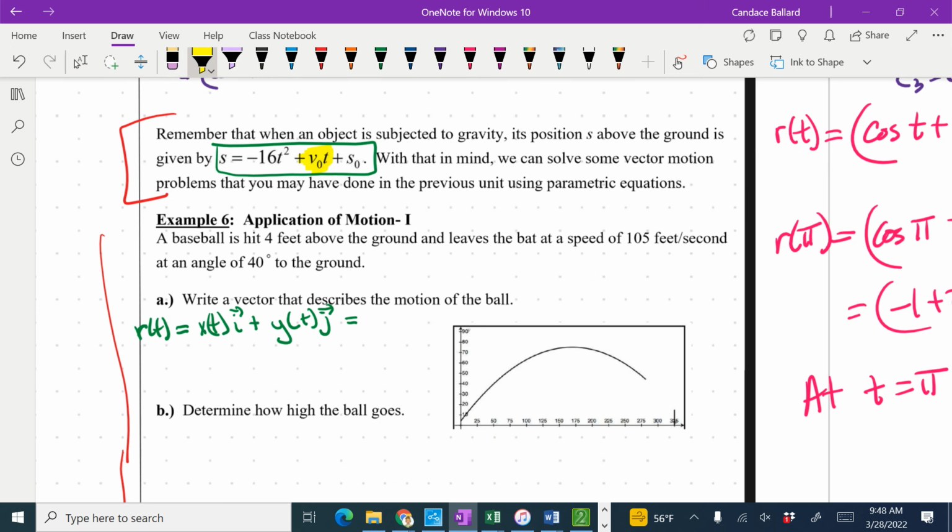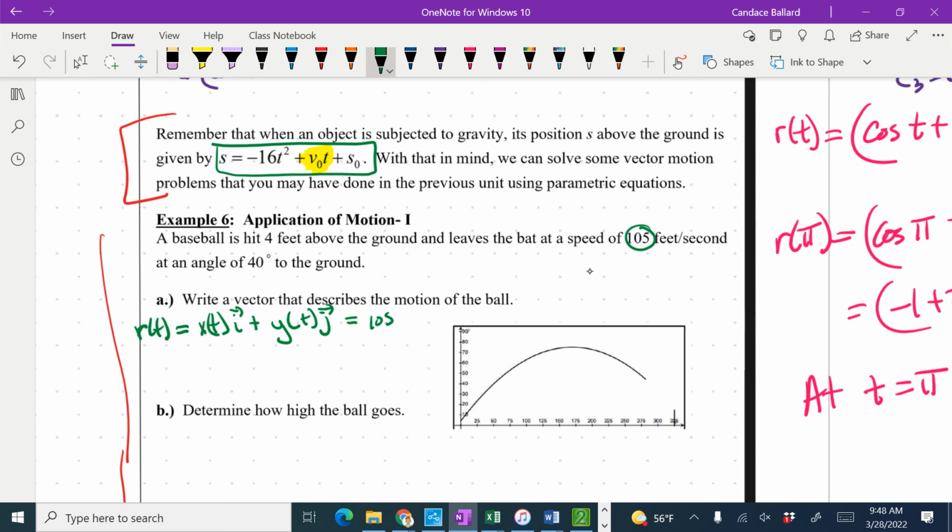Think back to the unit circle. When is your x value sine or cosine? Cosine. So what we do to get our x component is take our initial velocity. What was the initial velocity? 105.